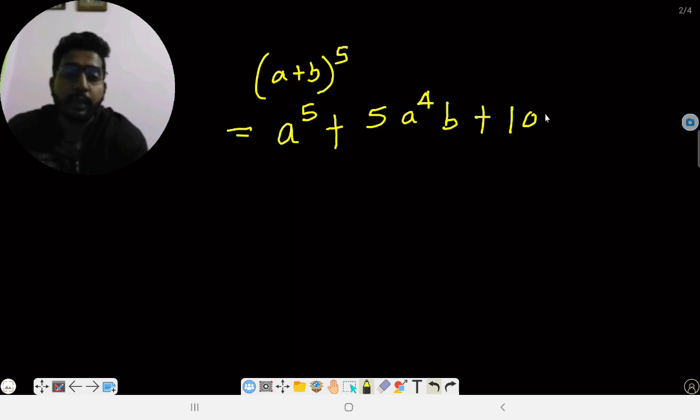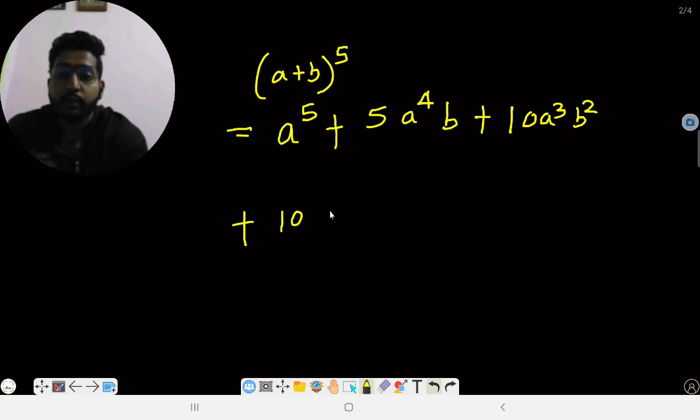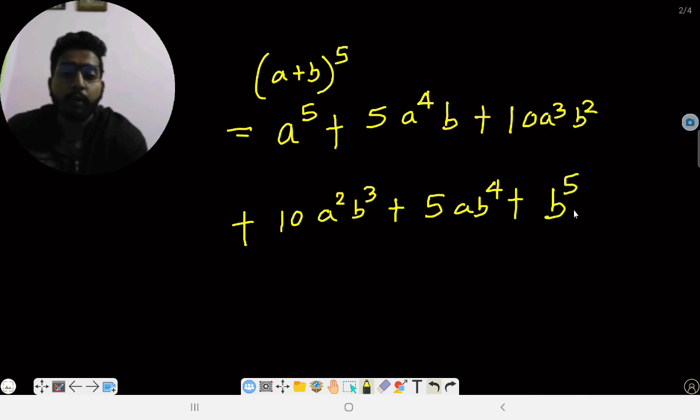That means 10 a cube b square plus next one is here 5c3. 5c3 means here we can see 10 again, so that will be a square b cube plus next 5c4, it is 5, so that will be 5ab to the power 4, and next one is 5c5, that means 1, that means b to the power 5. So a plus b whole to the power 5, that will be the expansion like this.